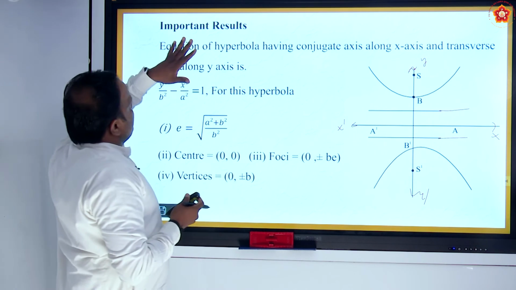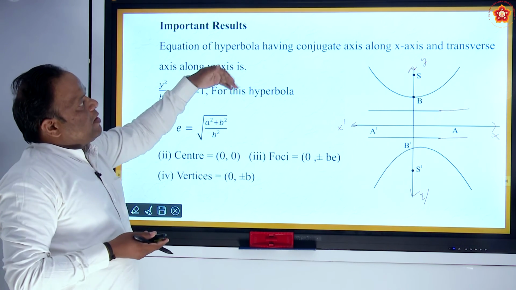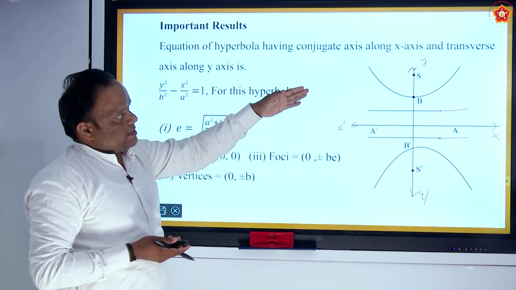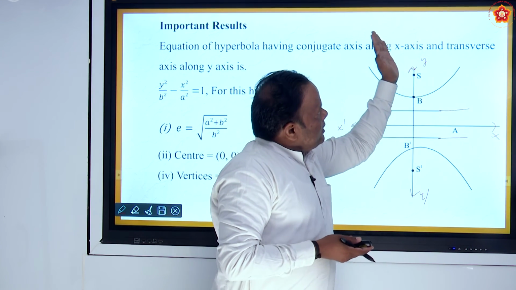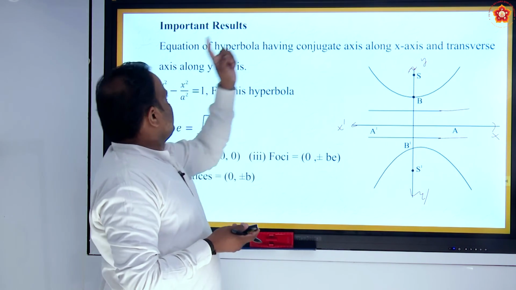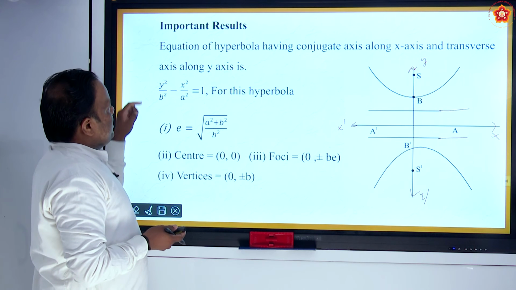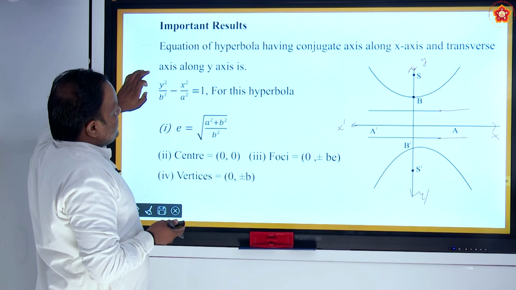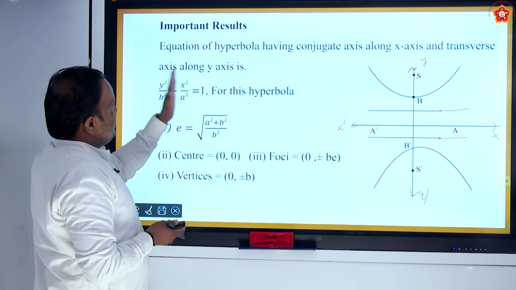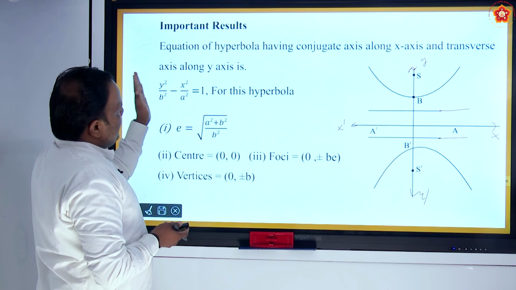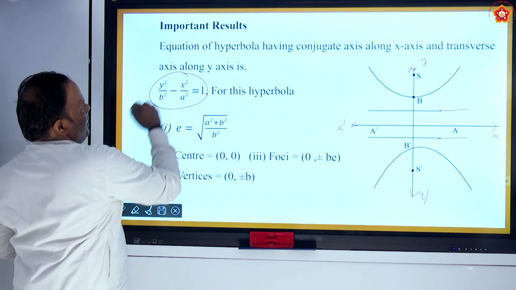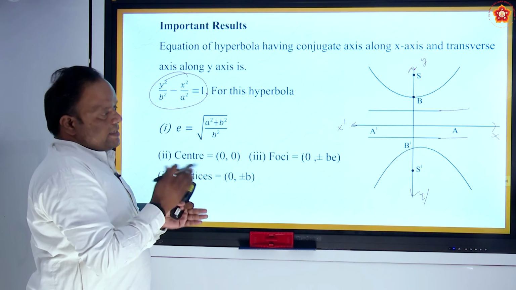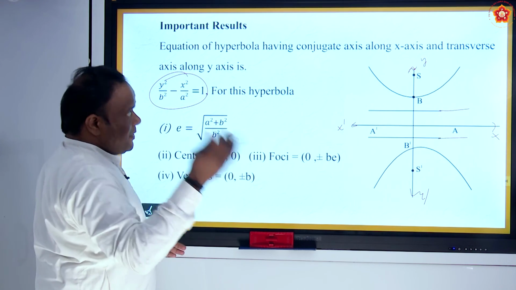Observe here, important results. Equation of hyperbola having conjugate axis along the x axis and transverse axis along the y axis: the equation becomes, interchanging x and y, and simultaneously a square and b square. So this type of hyperbola completely changes compared to the previous hyperbola.